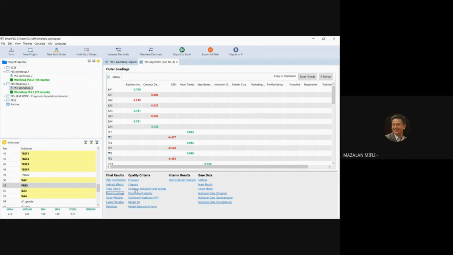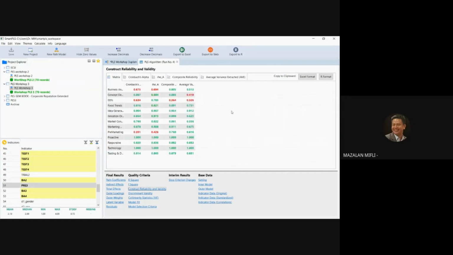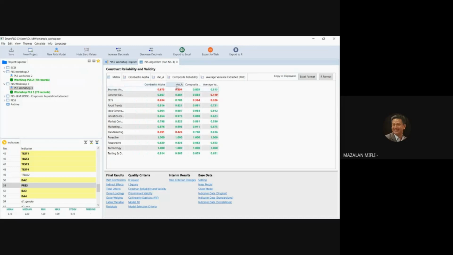And then we go to the construct validities. We have already covered this. There are some issues on your pre-marketing, these 2 items. The first order construct, the second order construct, you don't have to worry.